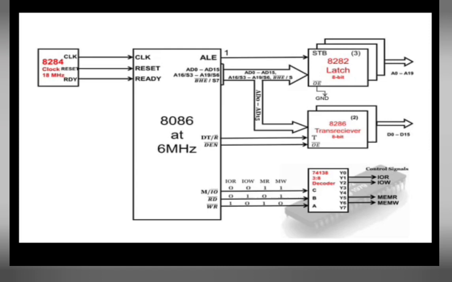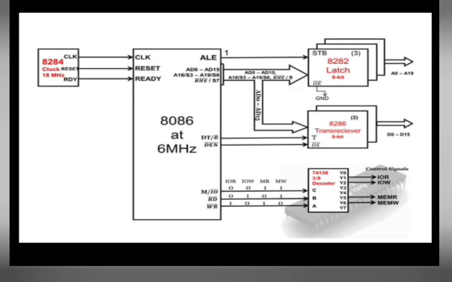Here we fetch the CLK clock signal from the 8284 IC, which is 18 megahertz in total. It is divided by 3, and the output is 6 megahertz. The clock, reset and ready signals are synchronized to the 8086 microprocessor.